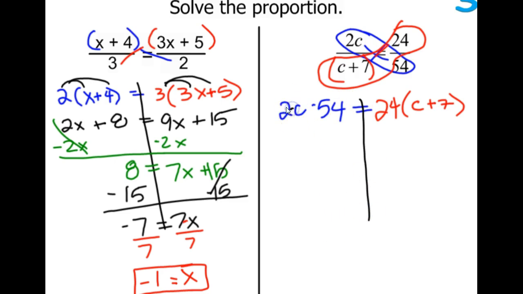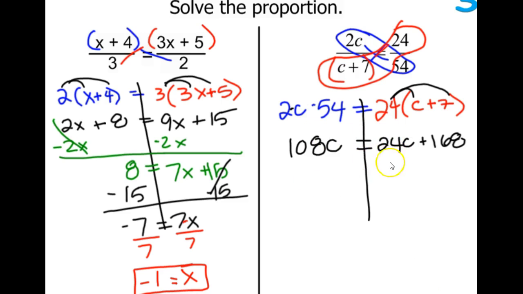So this is all multiplication, so 2 times 54 will give me 108 multiplied by c. 24 times c is just 24c. But 24 times 7 gives me 168.